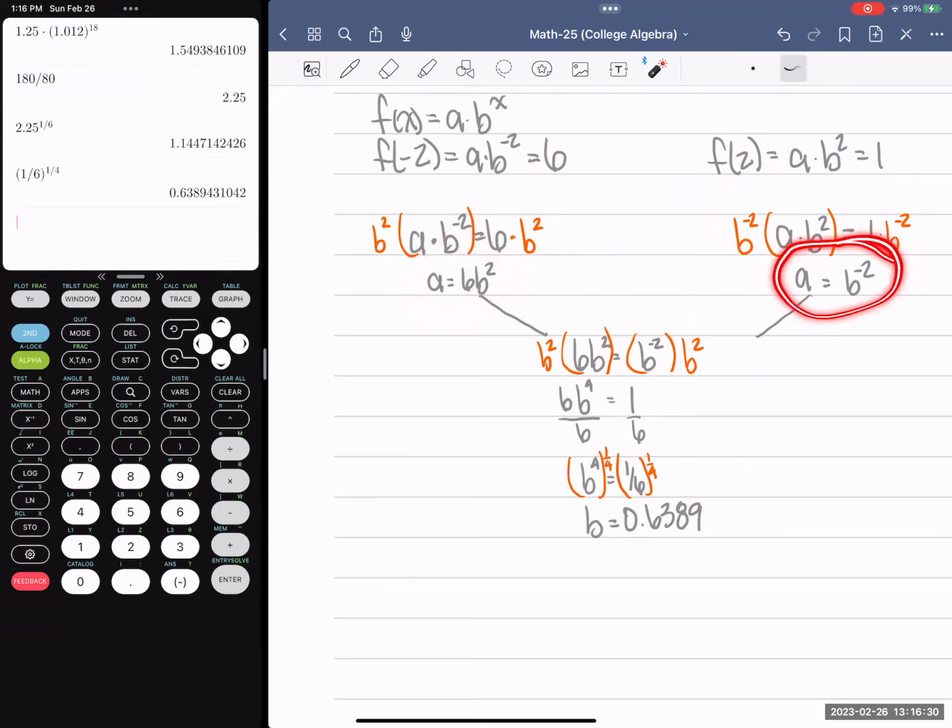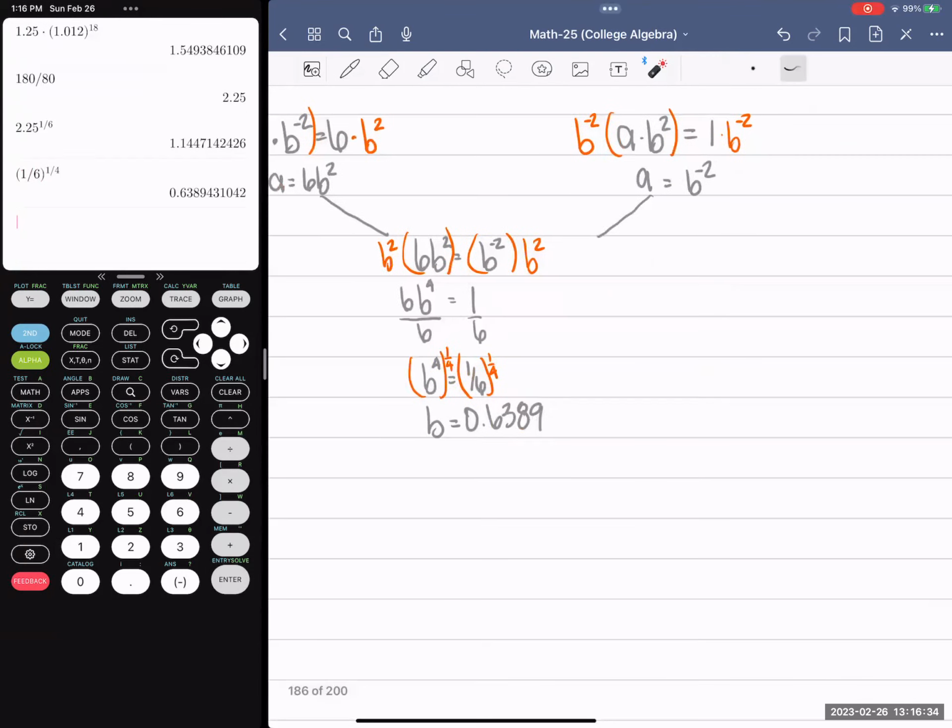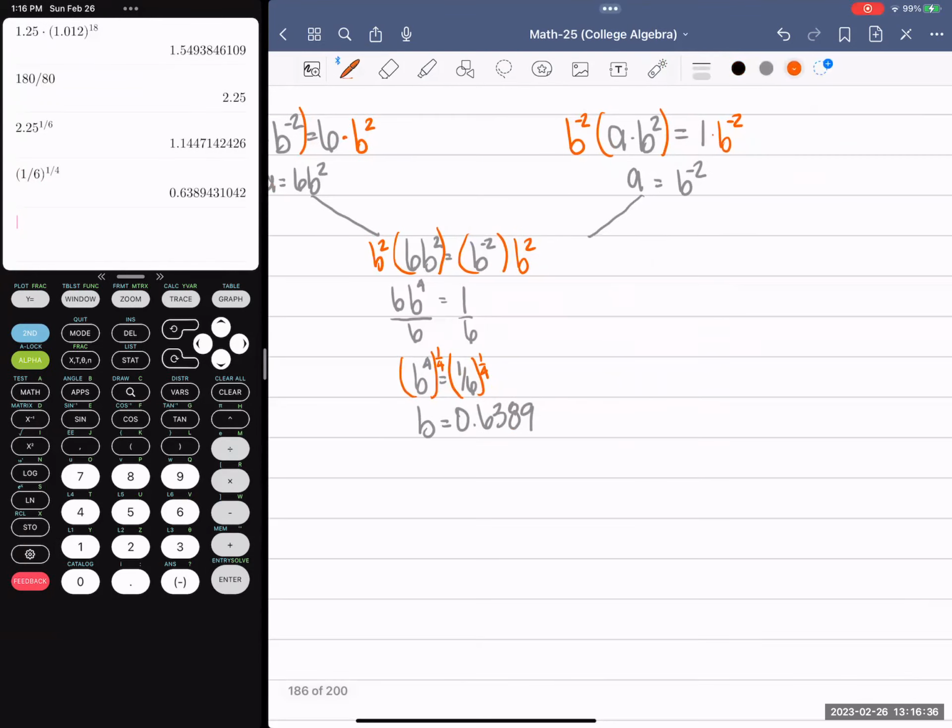It looks like it'll be a little bit easier if we just plug it in over here. So let's come right back up this way and say that a is equal to b to the negative 2. b is our 0.6389 raised to the negative 2.